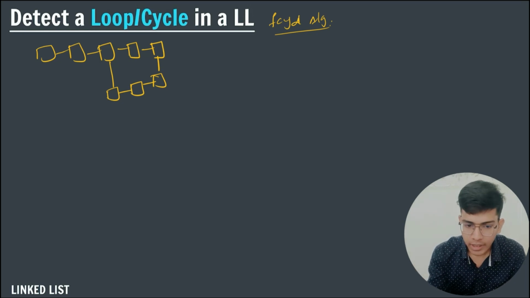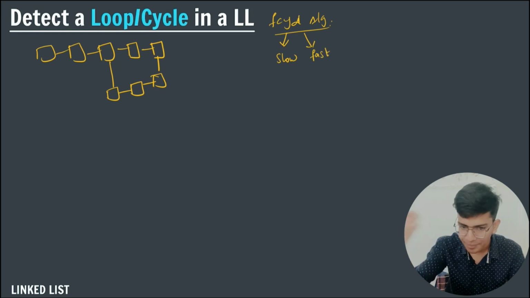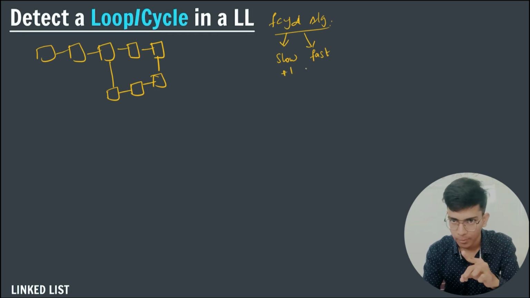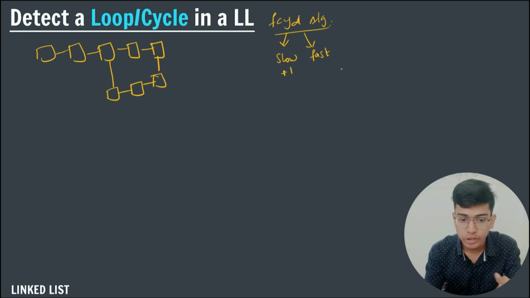The approach will be, we use 2 pointers, that is slow and fast. We create 2 pointers in my linked list or in my function. You need to understand that slow will move by 1 step and fast will move by 2 steps.